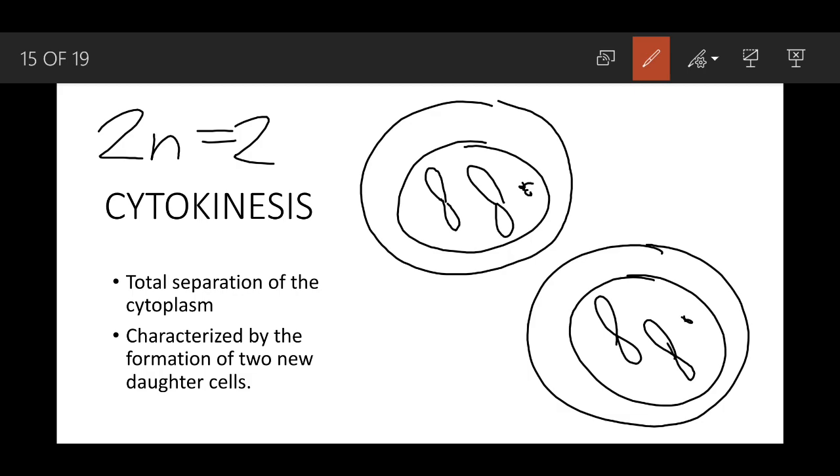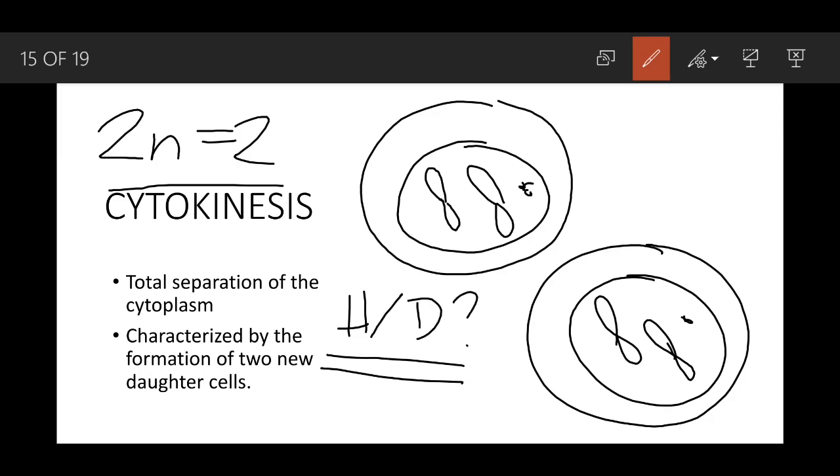Now, question. In terms of the number of chromosomes, what is the state of the newly formed cell? Is it haploid or diploid? You might be wondering, because it's only half, you'll refer to it as haploid. But actually they are diploid.